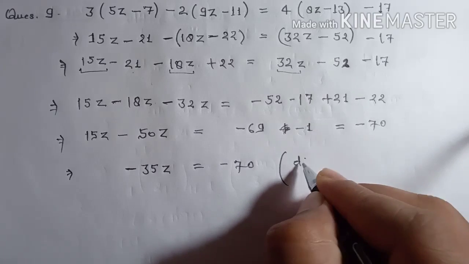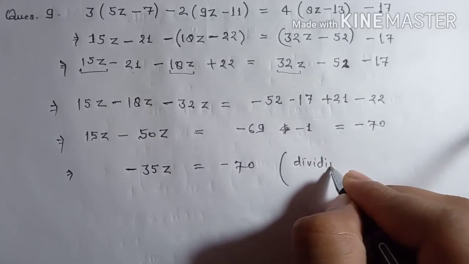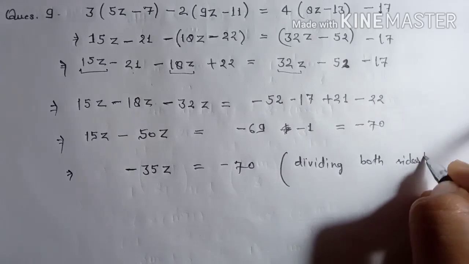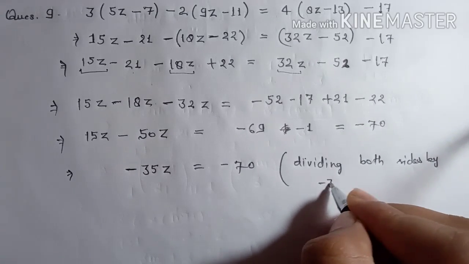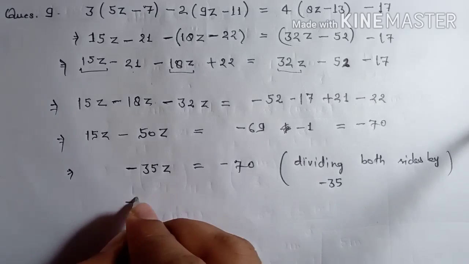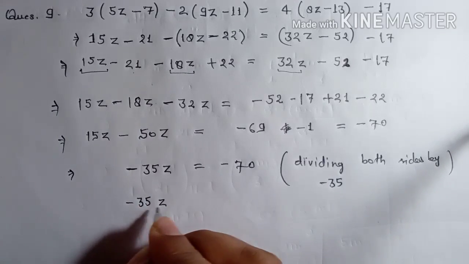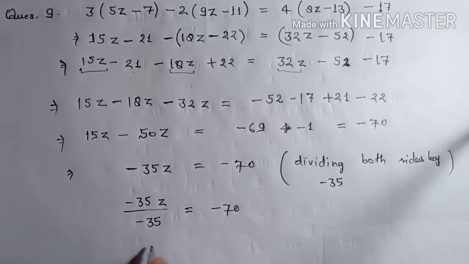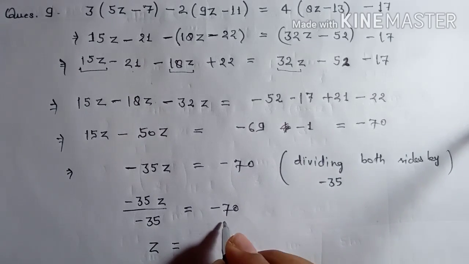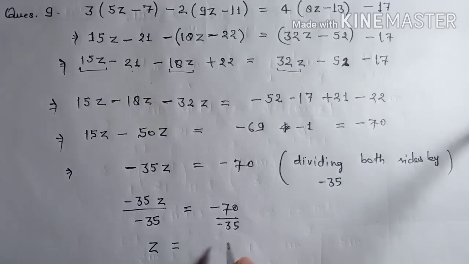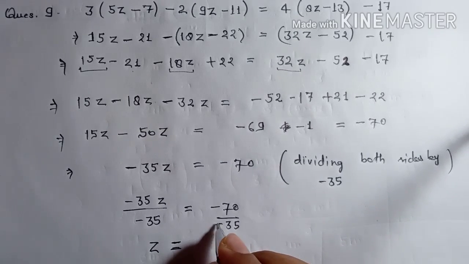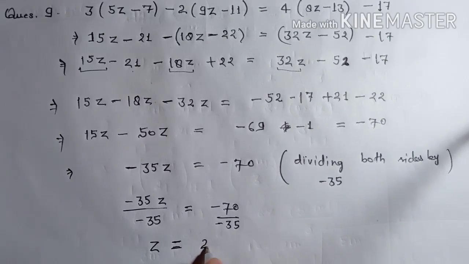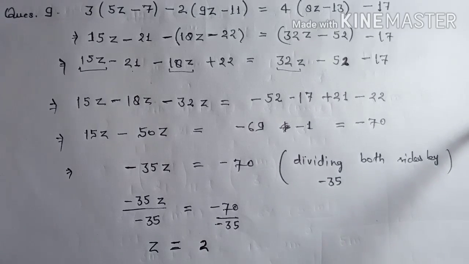So dividing both sides by minus 35, we get minus 35z upon minus 35 is equal to minus 70 upon minus 35, and this minus can cancel this minus, and 35 divides 70, the quotient is 2, so we have the answer 2.